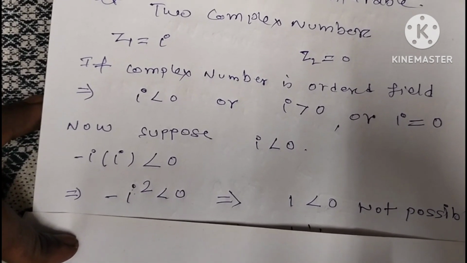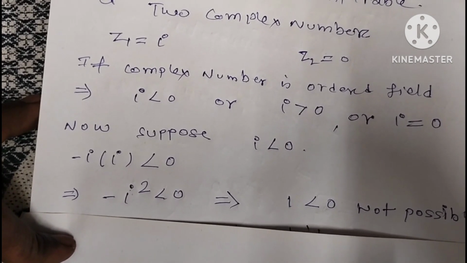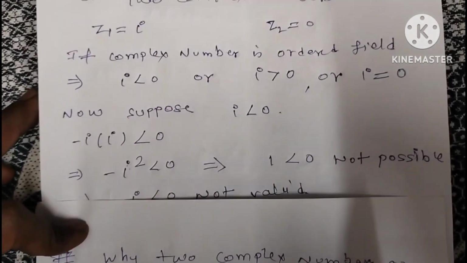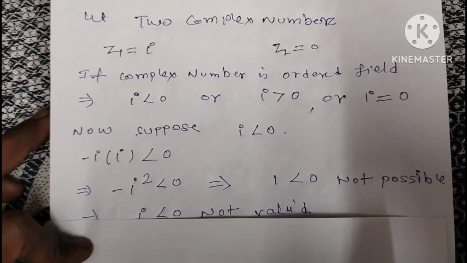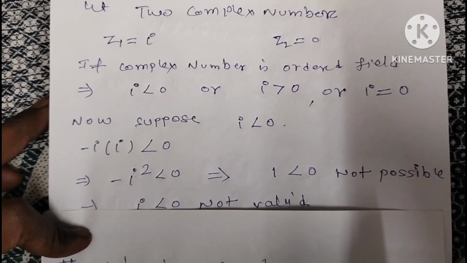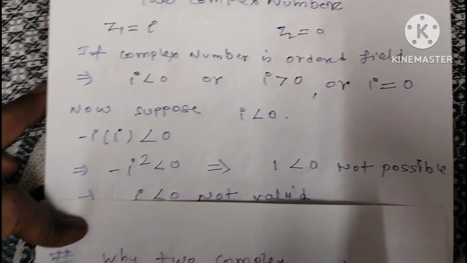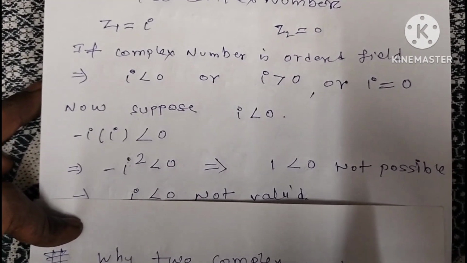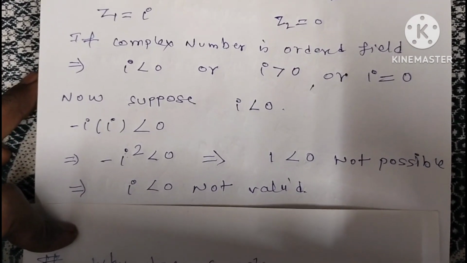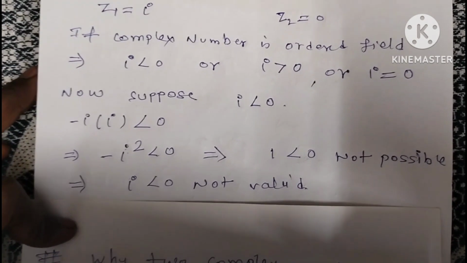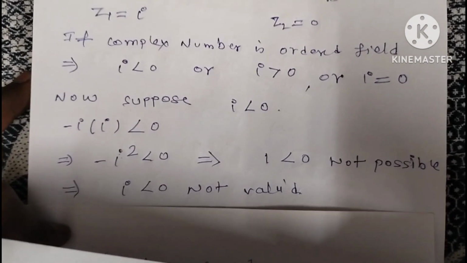This minus i square is going to be 1, and that is not possible, that 1 is less than 0. So whatever we assumed earlier is not valid. That means iota less than 0 is not valid.